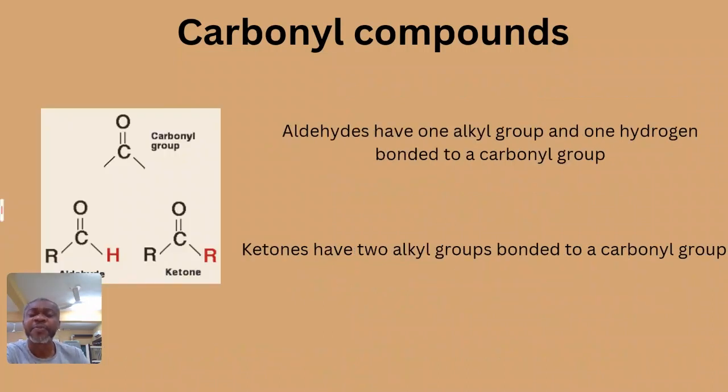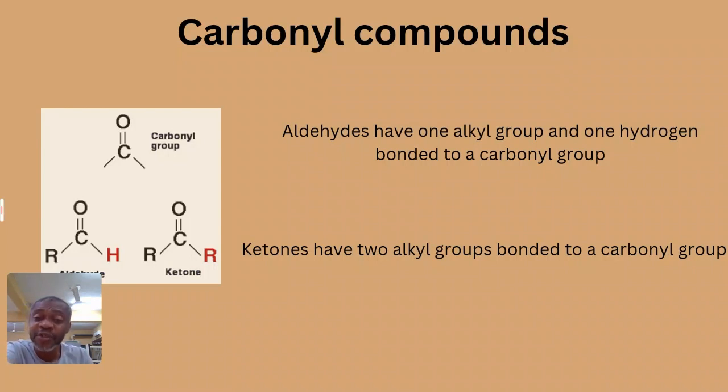Now, many times students make a mistake when you ask them what the functional group of aldehydes and ketones is. They give you structures that are not accurate. The functional group of aldehydes and ketones is carbon bonded to oxygen with a double bond between the two. Aldehydes have an alkyl group bonded to the carbon and also a hydrogen bonded to the carbon.